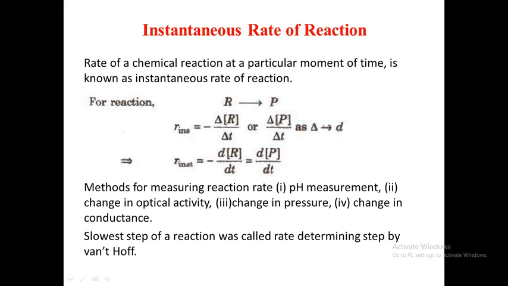Now when we consider a particular moment, the difference will be very small, and in this case the delta is replaced by d. Hence the instantaneous rate equal to minus dR by dt equal to dP by dt. For average rate, you have to take delta, and for instantaneous rate you have to use d.